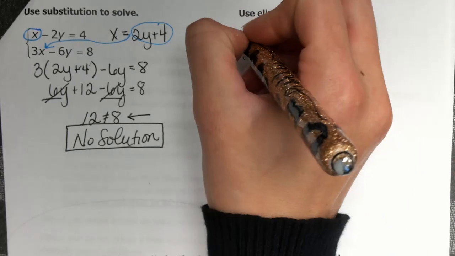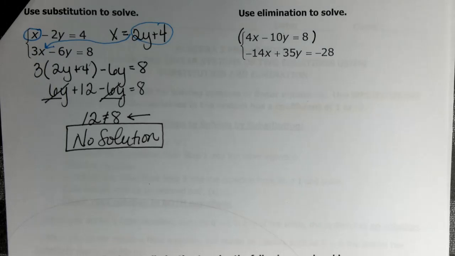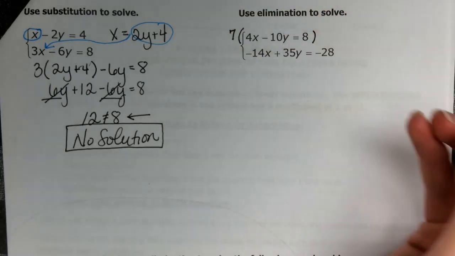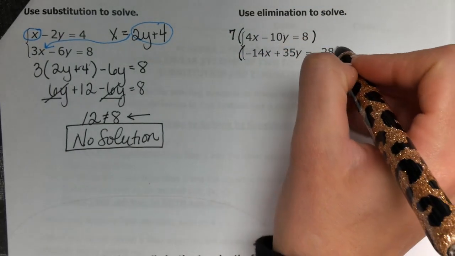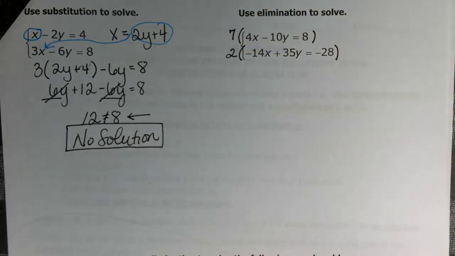Either way, let's say y'all recognized 4 and 14 could give me 28. So 4 times what is going to give me 28? 7. And then negative 14 times what's going to give me a negative 28? 2. They're already opposite signs.